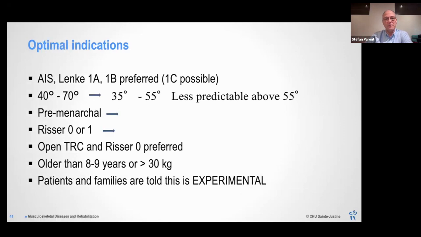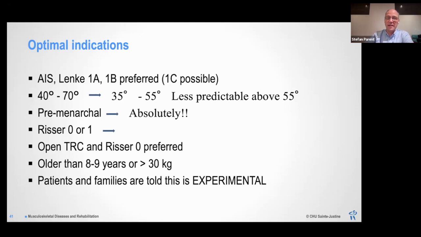My optimal indications, maybe closer to 35 to 55. It's less predictable above 55, but if you have a lot of growth, you can achieve a lot of correction. It's just that it's less predictable that you won't have a second surgery to do this. Premenarchal, absolutely. You want this to be something that they have growth.